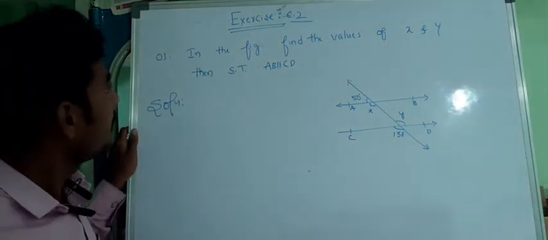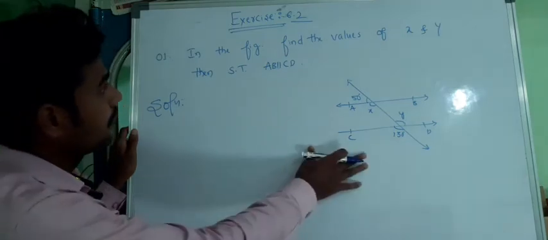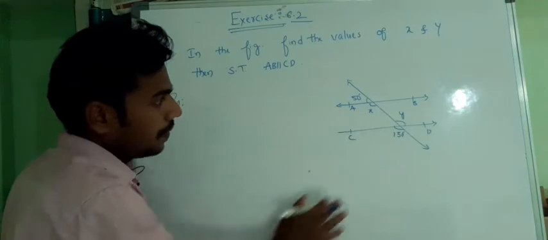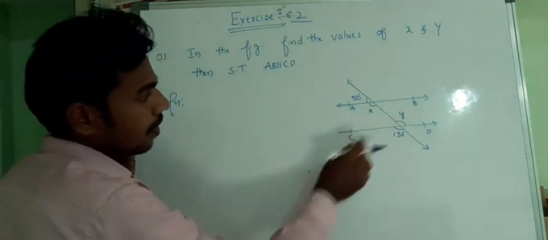The first question is, in the figure, find the values of x and y, then show that AB is parallel to CD. We need to find what is x and what is y.